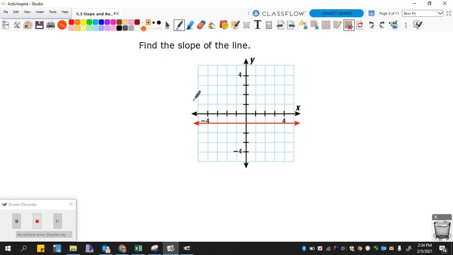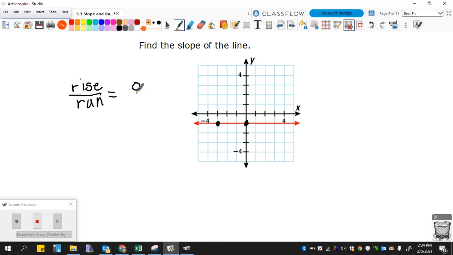Well, this is interesting because we have a line that just goes straight across. Once again, rise over run. So if we pick 2 points from here to here, how far up or down do we go? Well, we don't go up or down at all.